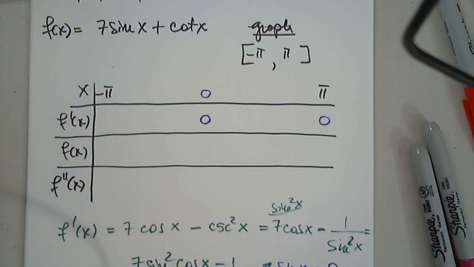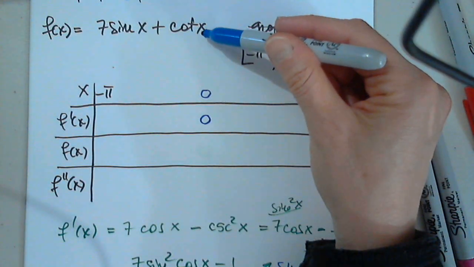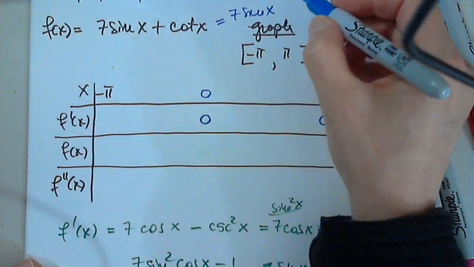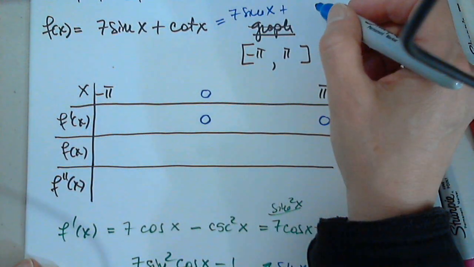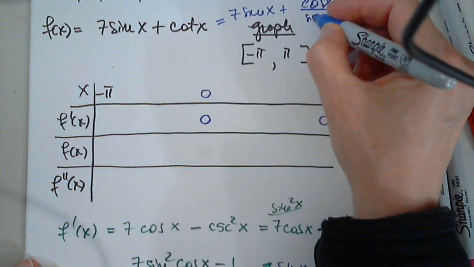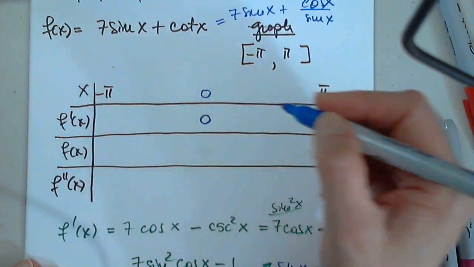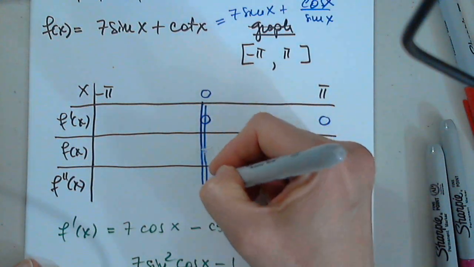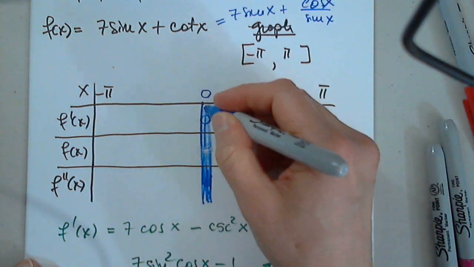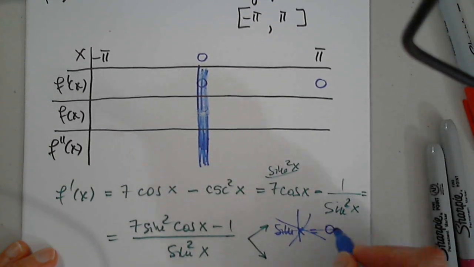Also, we look at the fact that this is 1 over sine, so I should have done that from the very beginning. 7 sine x plus cotangent, this is cotangent, so this is cosine over sine. So then sine x is 0, the function doesn't exist, its derivatives do not exist.